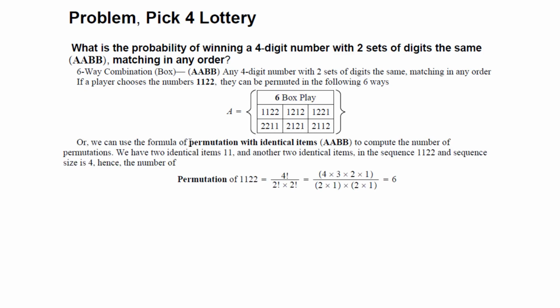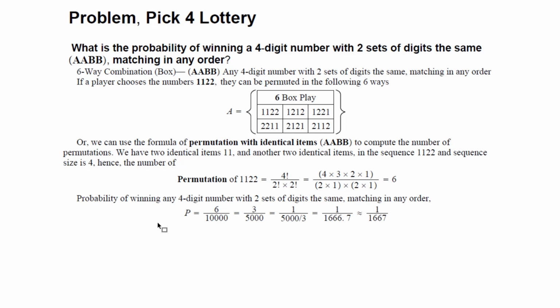We can apply the formula of permutation with identical items for a sequence of the form AABB. So the size of this sequence is 4, so here we have 4 factorial, and the size of the identical items here is 2. So we divide by 2 factorial, and we divide by the size of the second set, which is also 2 factorial, and we get 6 possibilities or 6 outcomes.